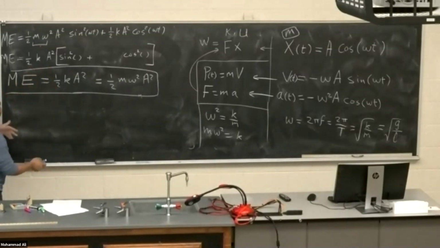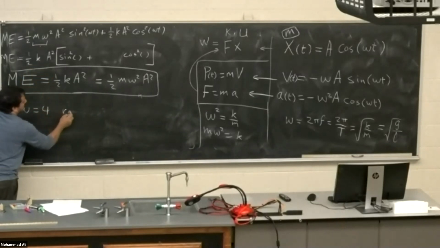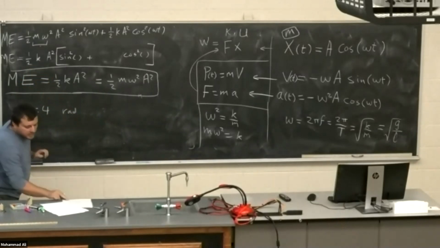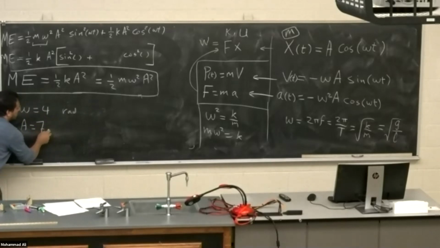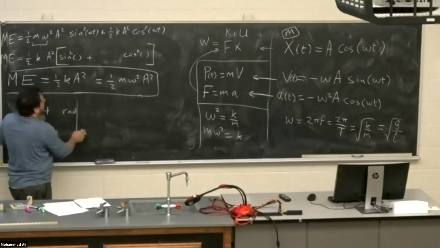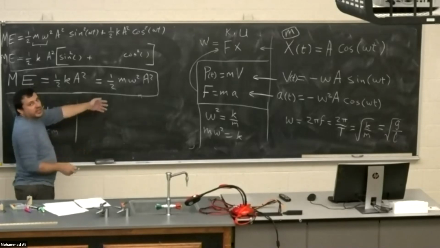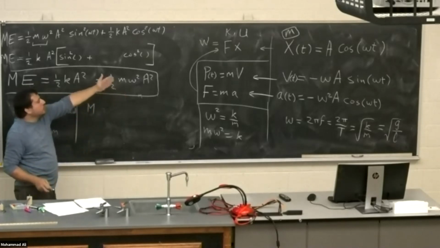For the previous example, we have omega equal to 4 radian per second. A is equal to, how much was A? It is 7 centimeters. And the mass was 2 kilograms. It is simple. How about the mechanical energy? You can also find the kinetic energy, I showed you how to do that.